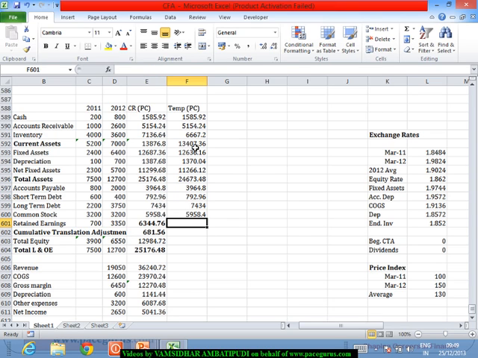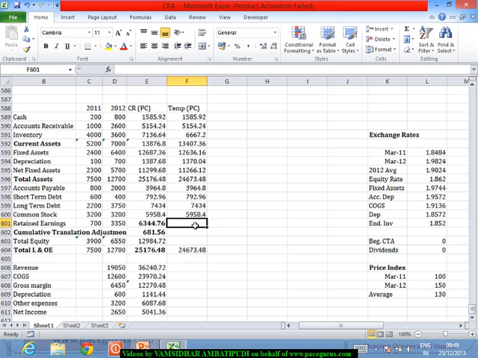Now comes the retained earnings part. Here I don't have what is called the cumulative total translation adjustment. In the temporal method we don't talk about it, so I can directly compute my retained earnings as a balancing figure, because my total liabilities should be equal to total assets.